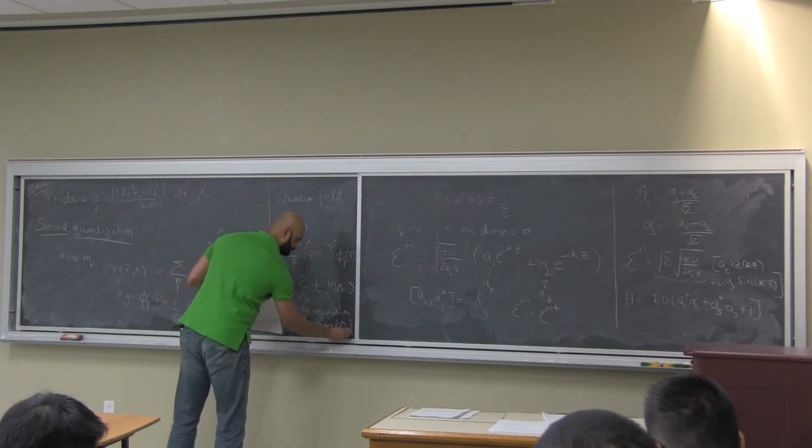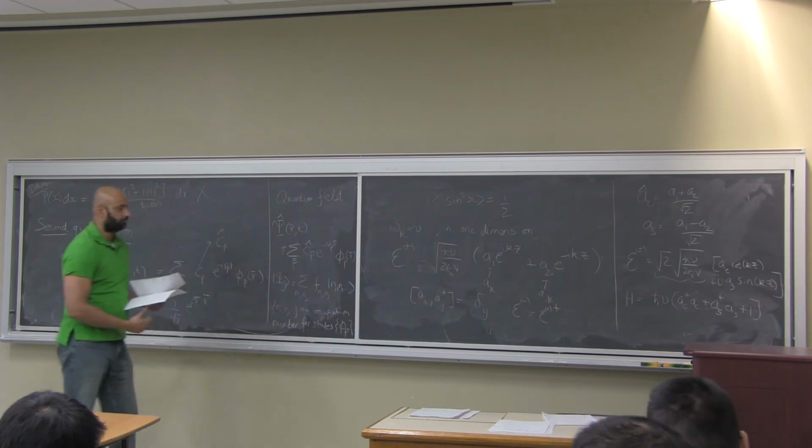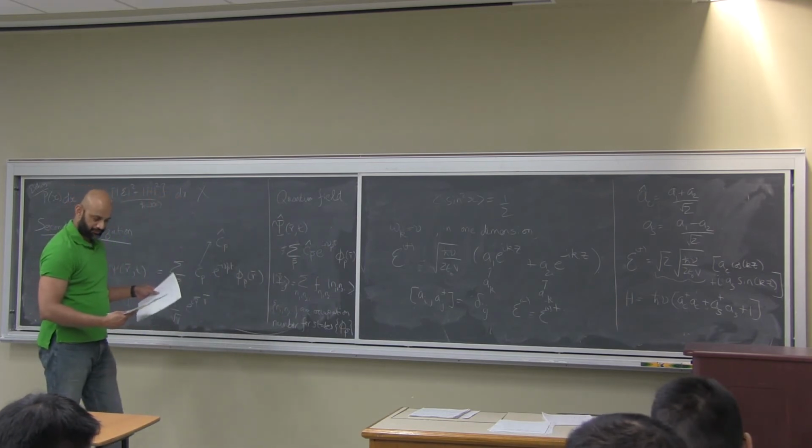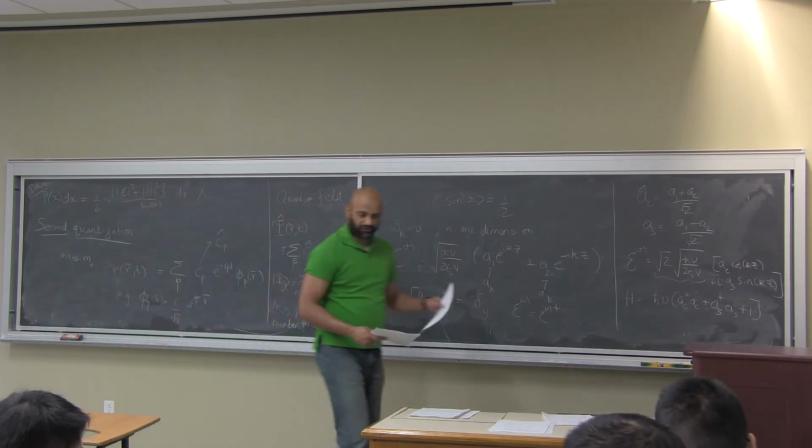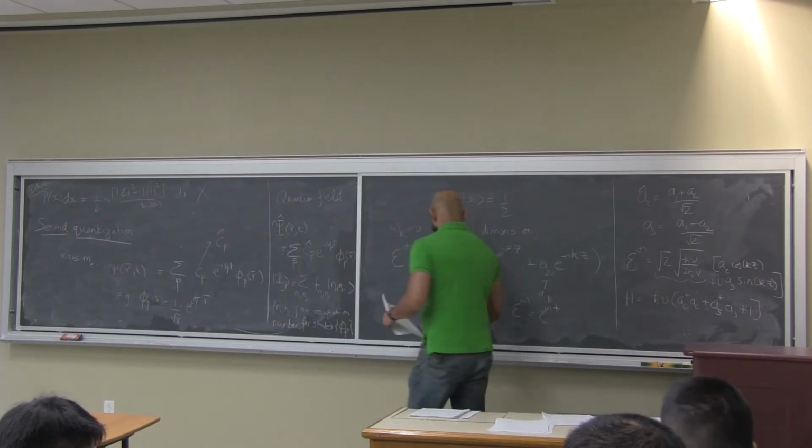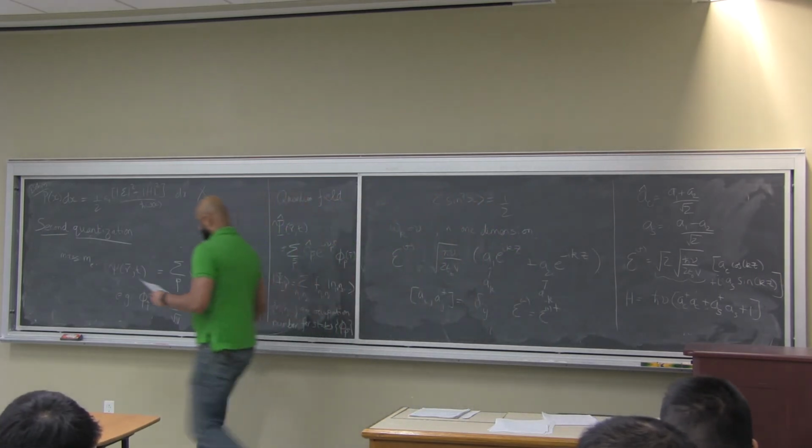These are all vectors. So that's how we did quantum field theory for massive particles. And the wave function of the massive particle system can then be written down.